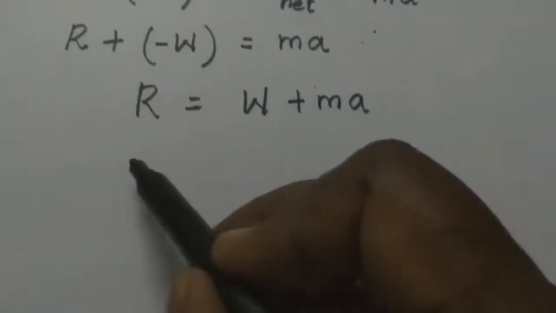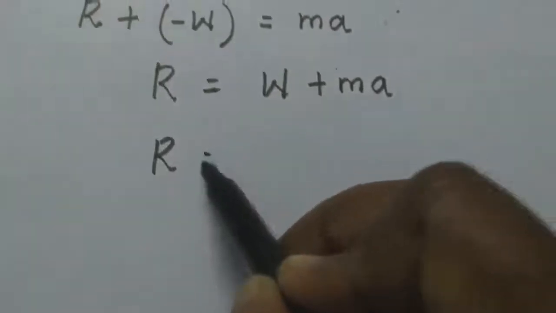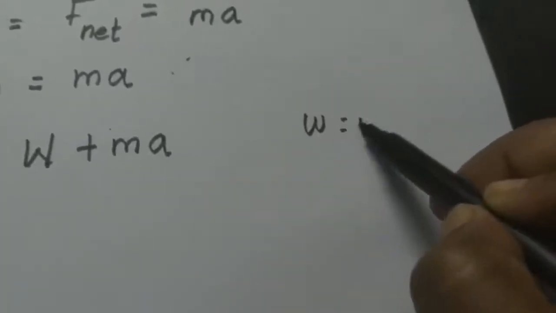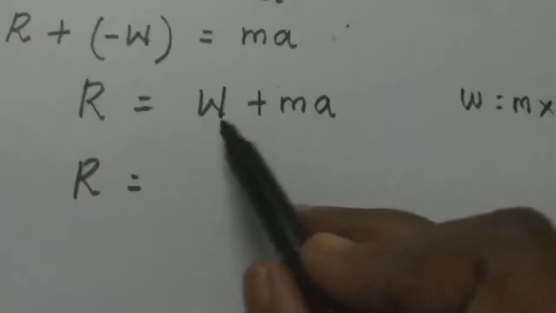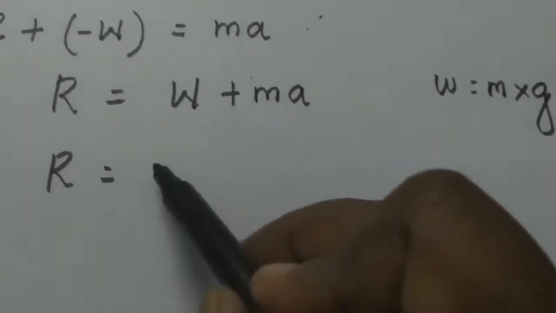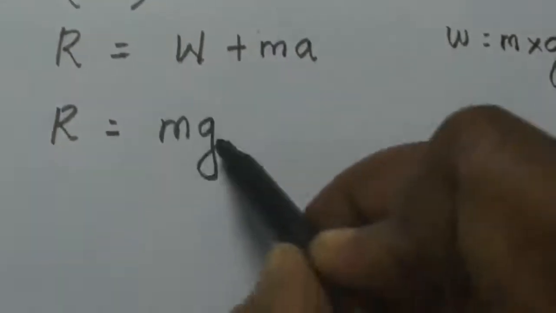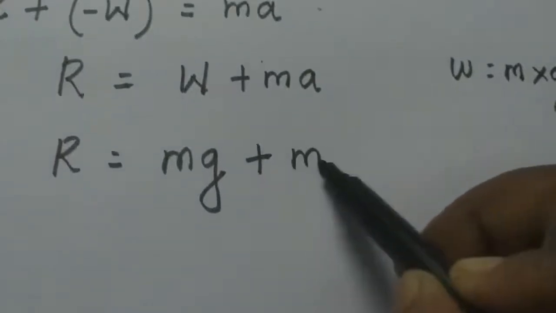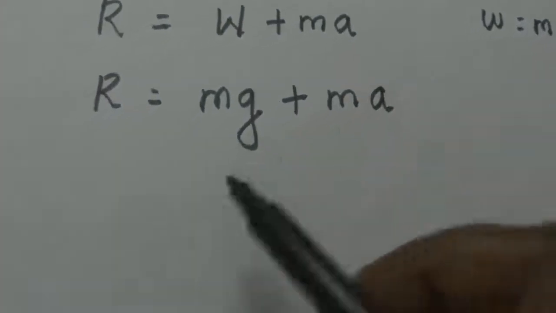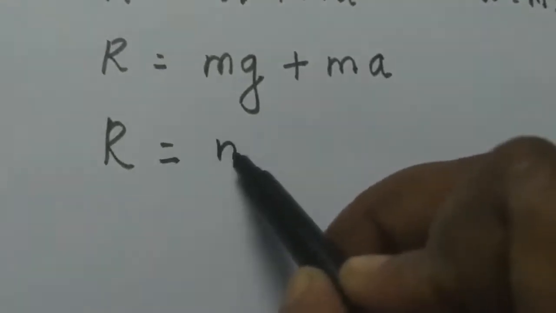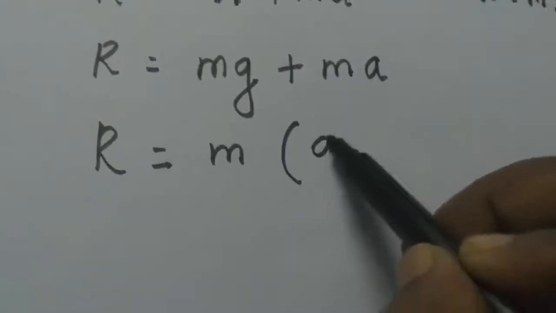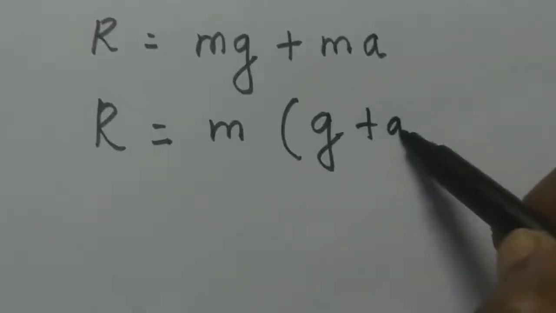We know that W equal to m into g, weight equal to mass into gravity. So we substitute for W: m into g plus m into a, and then R equal to m(g plus a).